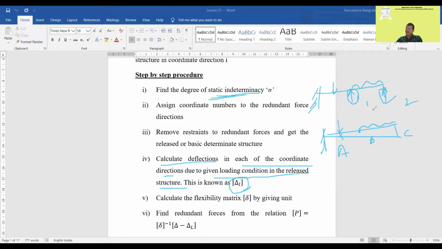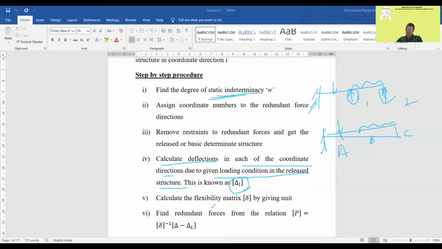You can draw the bending moment diagram, or use the conjugate beam method, or Macaulay's method. By any method, you have to find the deflection. You have already studied in Analysis 1 how to find the deflection of a determinate structure, so any of these methods can be applied to find the deflections at these locations in the coordinate direction.